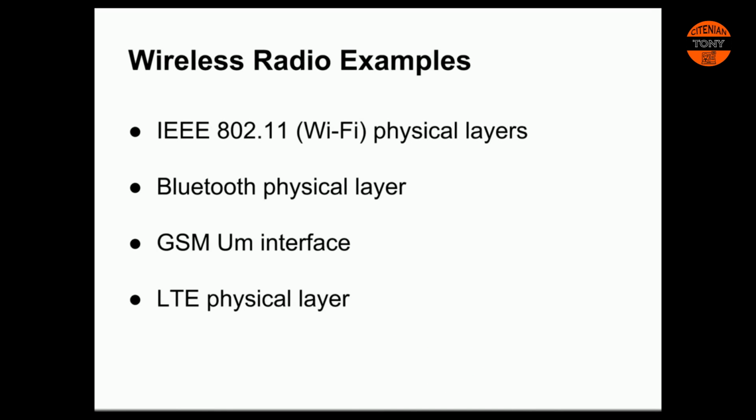In wireless devices, we have other standards of physical layers. So for example, for Wi-Fi or 802.11 devices, we actually do have a couple of different physical layer specifications depending on the standard revision. Bluetooth specifies its own type of physical layer, as does the GSM Um interface, or the UM interface, for 3G cell phones. And for 4G LTE cell phones, there's another LTE physical layer with its own specifications.